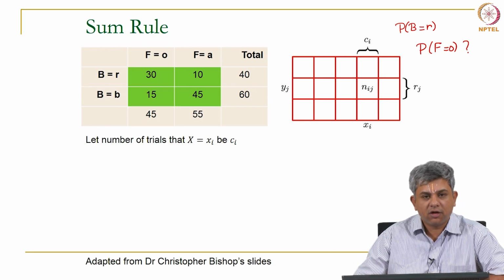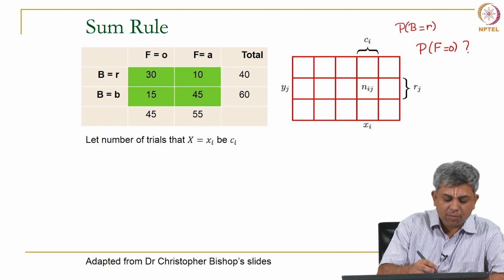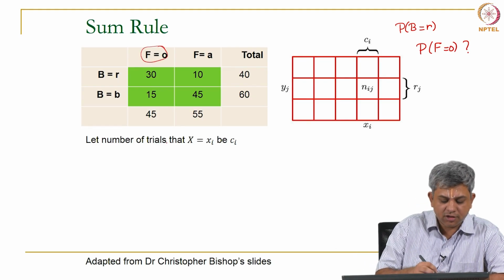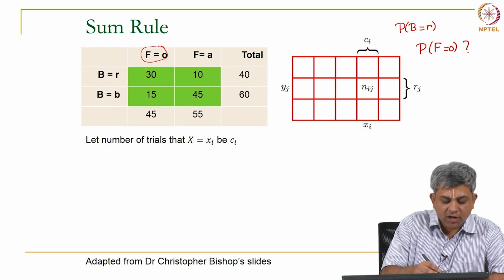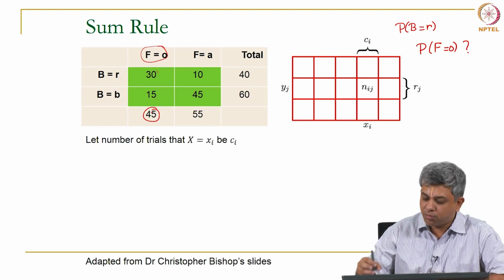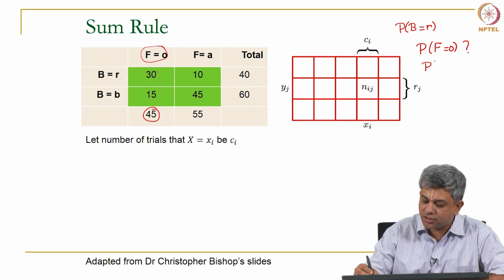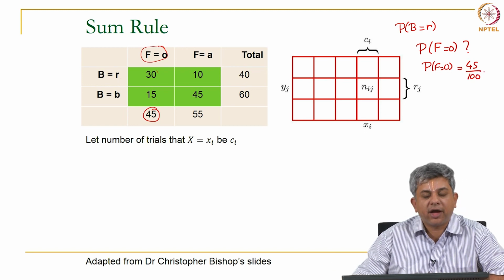Okay. Now, you can see this immediately, the probability that the fruit is an orange is going to be 30 of the cases where the fruit was an orange and the basket was red, 15 of the cases where fruit was an orange and the basket was blue, which means a total of 45 cases. So, the probability that the fruit is an orange is going to be 45 divided by 100.